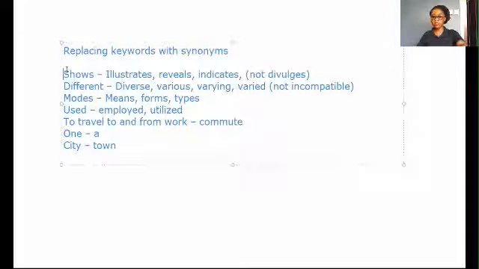So we have a word such as shows. We can replace shows with illustrates or reveals or indicates. And I've put into bracket, not divulges. We cannot use divulges, although divulges is a synonym of shows.